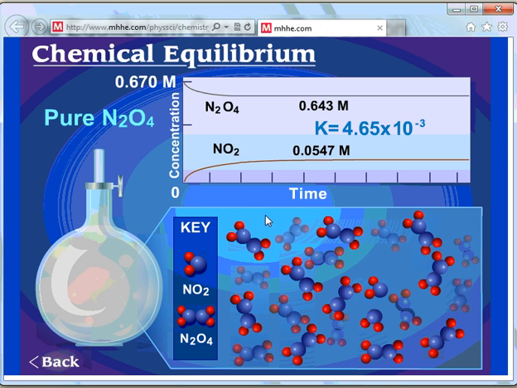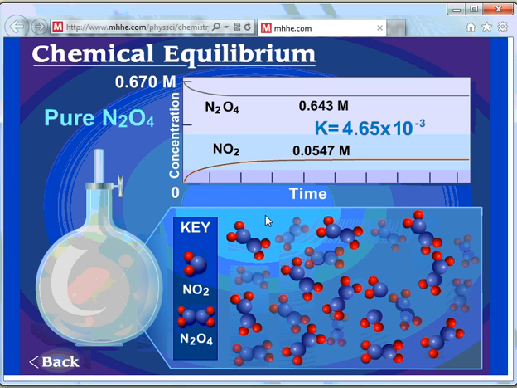So you can see that that number is not made up. If you take the NO2 concentration now and square it and divide by the N2O4 concentration, you get essentially the same value for Kc. So the value of Kc here did not change even though we radically changed the reaction.